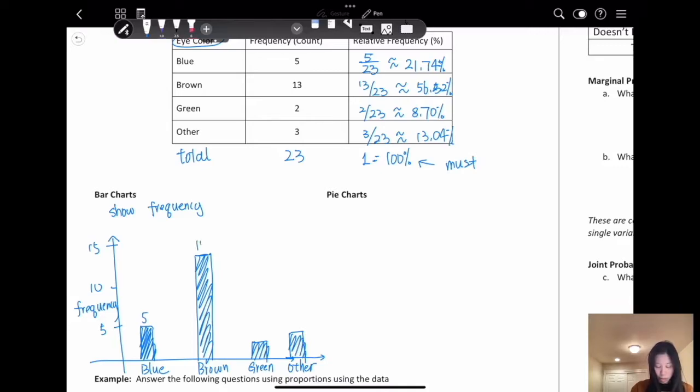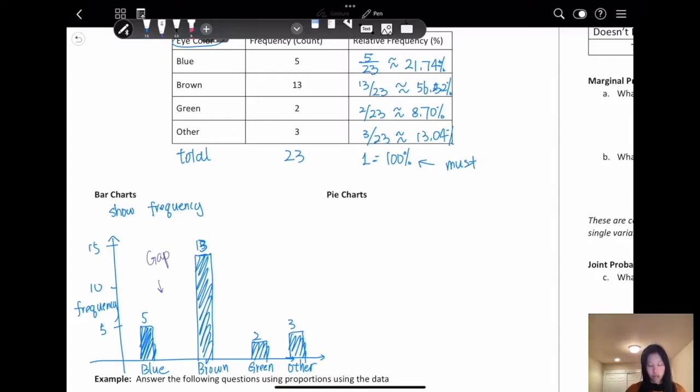You can also label the numbers here, 13. That's up to you. But remember, this is a bar chart. It's different from a histogram. There is a gap in between each bar. They are not touching each other.